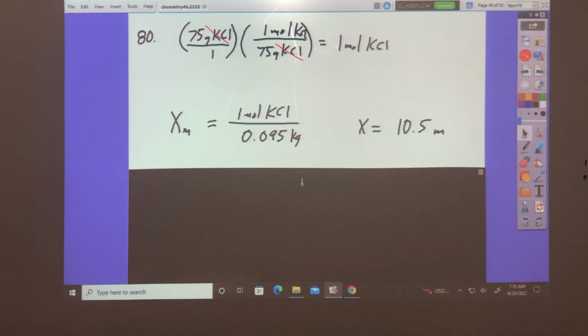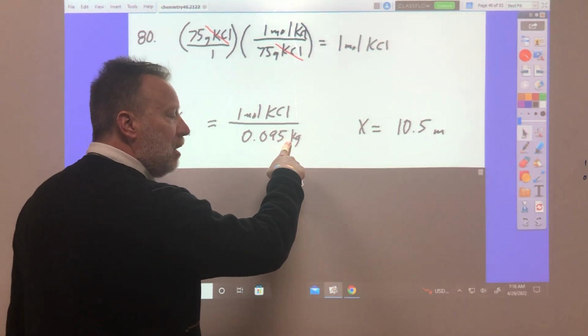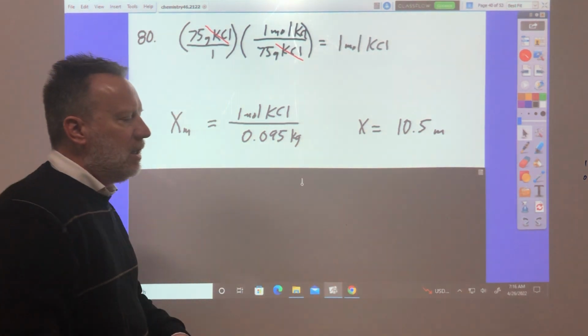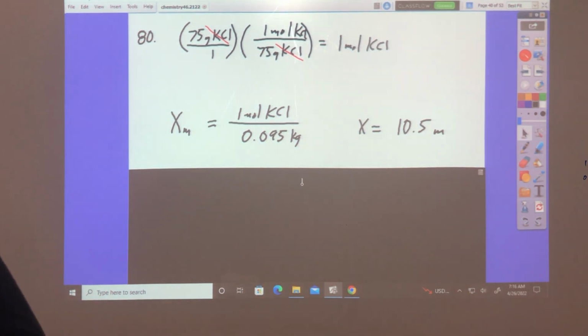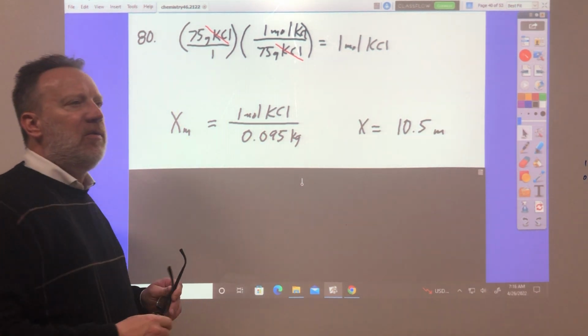And so the molality is 1 mole over 0.095 kilograms of water, and it comes out to be 10.5 molal. Because 95 milliliters is 95 grams, and 95 grams is 0.095 kilograms.